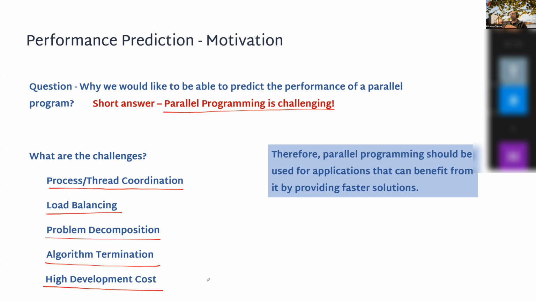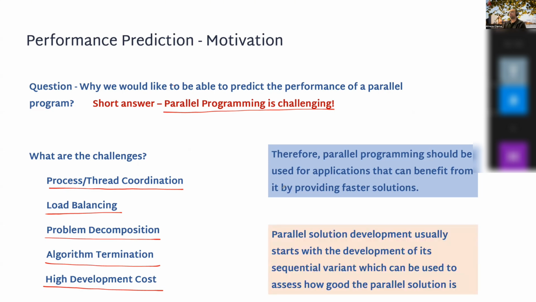So based on that, parallel programming should be used only for applications that can benefit from it by providing faster solutions. The whole reason here is to know if it is worth it to implement a parallel program for a sequential program. If it is worth it, then we do that. Otherwise, we should consider other options.